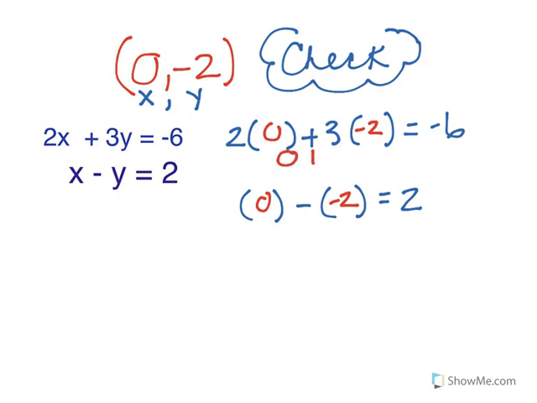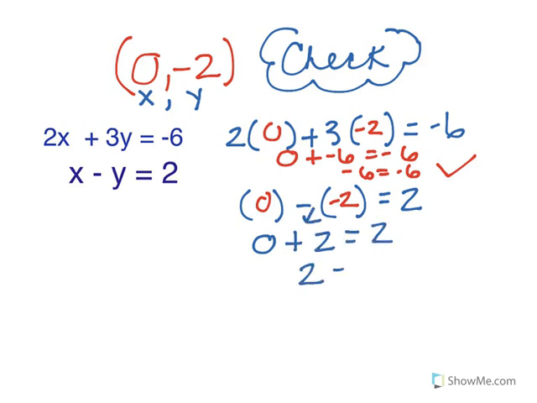So 0 plus negative 6 equals negative 6. And as you can see, negative 6 does equal negative 6, so it is true for that equation. And then here, when you have a negative and a negative 2, those two negatives are going to make a positive, and 2 does equal 2, so this is also a solution. So our solution 0, negative 2 worked for both equations.